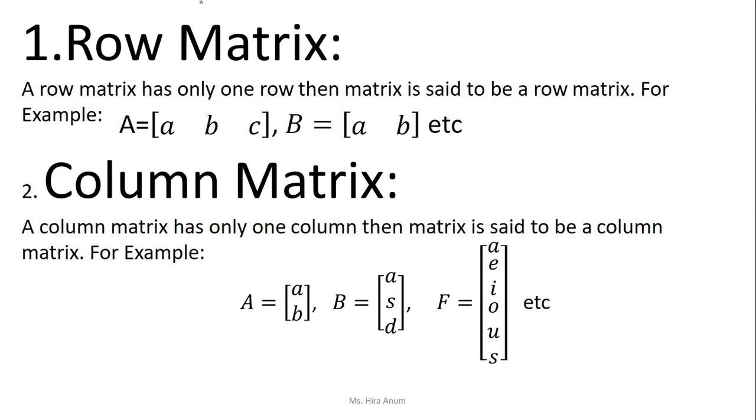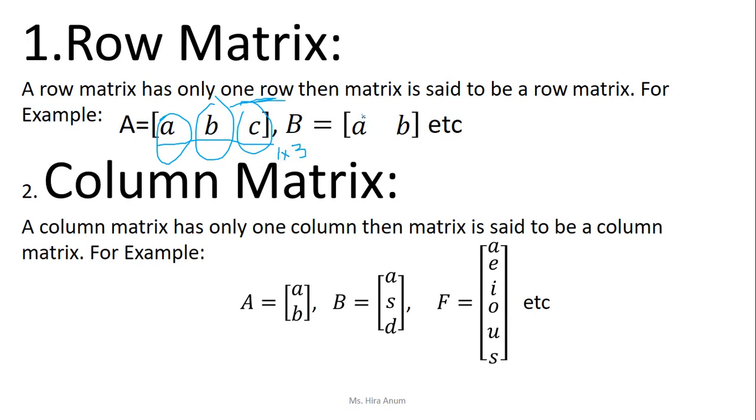Row matrix. In this you can see 1 row, but columns are 1, 2, 3. Here you have 3 columns, 1 cross 3, but you can see only 1 row.